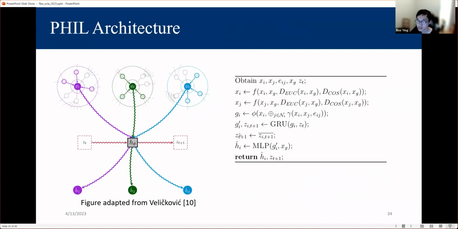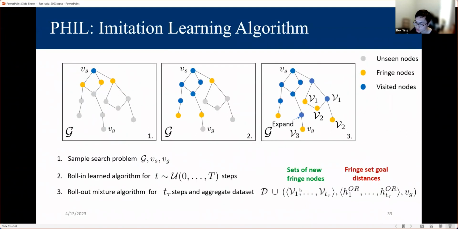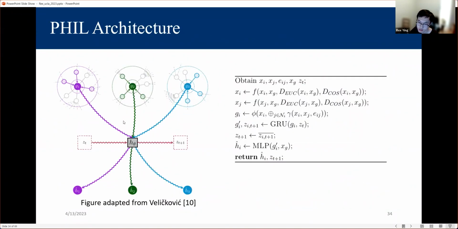So how do we decide this H? How do we predict the heuristic distance? It's basically a GNN, but with a temporal component to record the history of the search. If you look at the third line, it's pretty much message passing. We have this aggregation, the plus with a circle, which is the aggregation over the neighborhood of the message function, and the message function is a function of the current state, the previous state, and the edge.